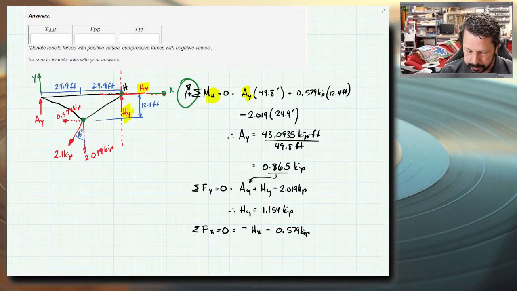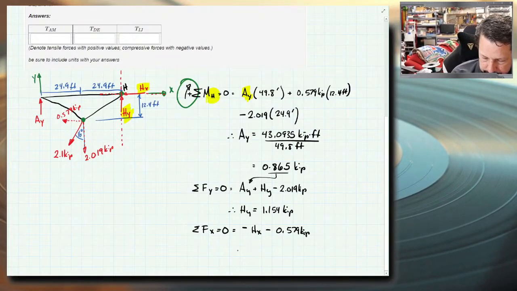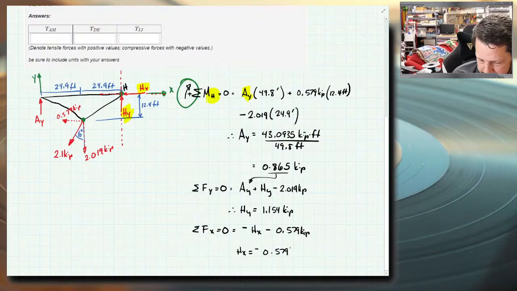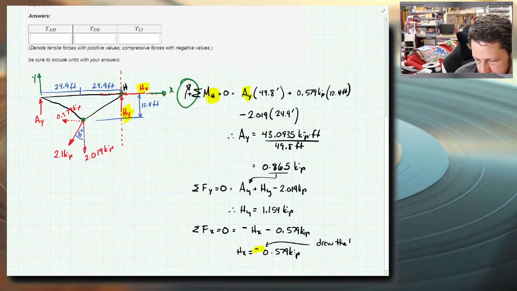All right. So this would just say that HX equals negative 0.579 kips. And this negative sign means that I drew the HX arrow in the wrong direction.